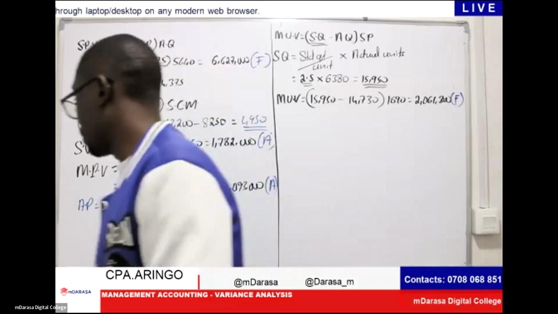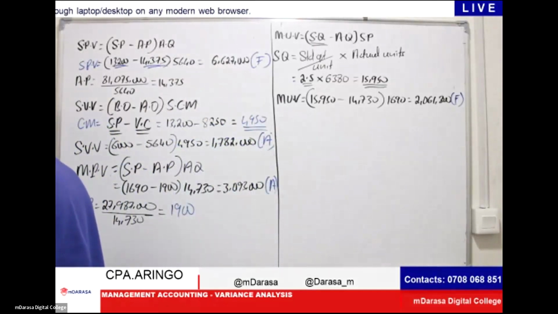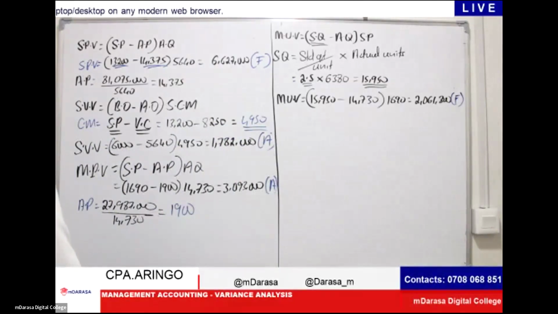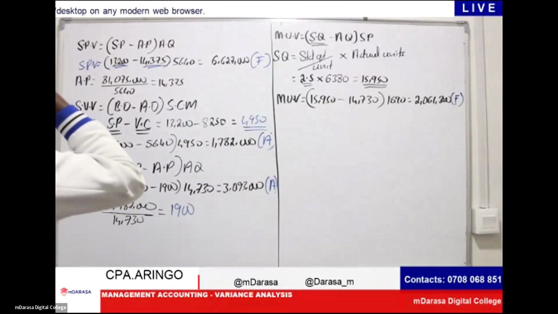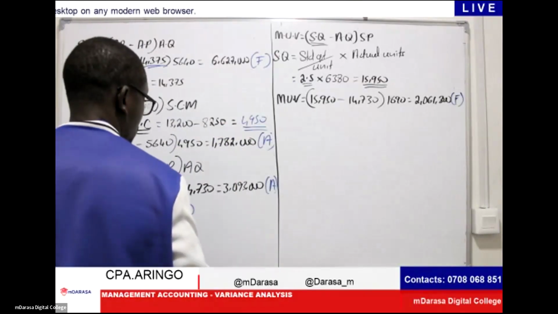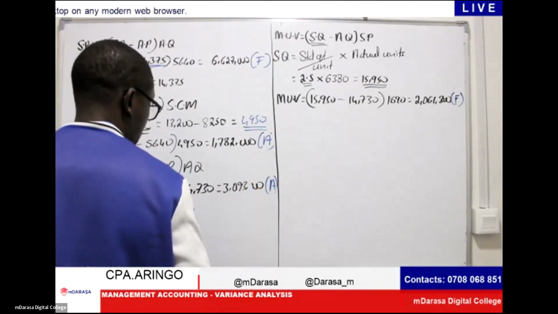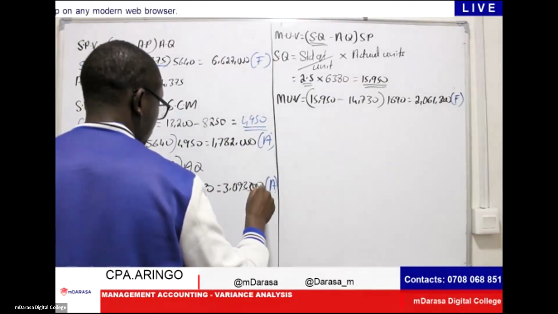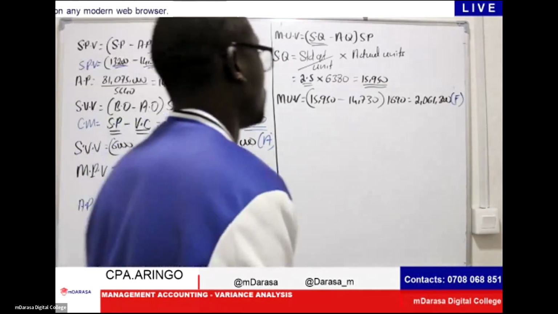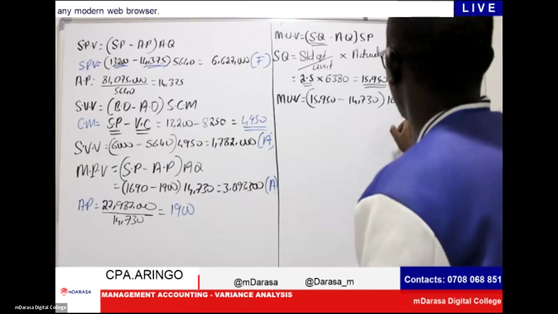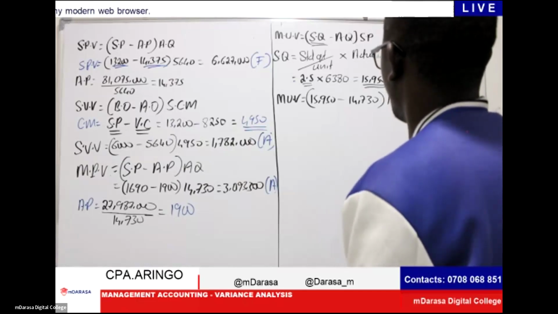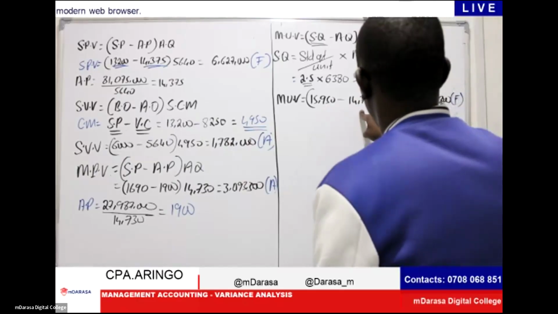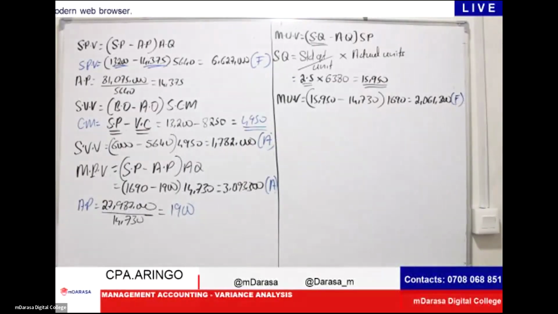That is favorable variance. You can see here the value is favorable variance, because I planned to spend on 15,950 and we ended up spending on 14,730.